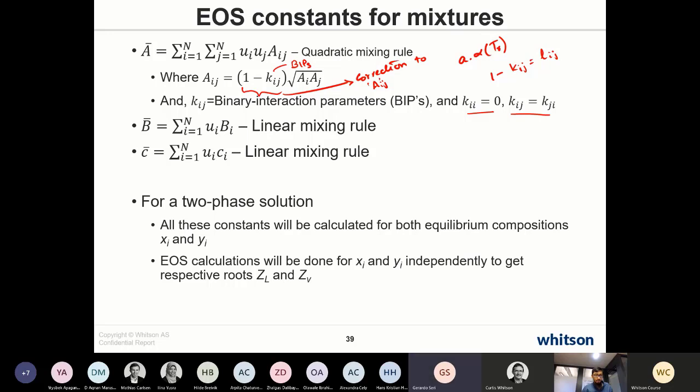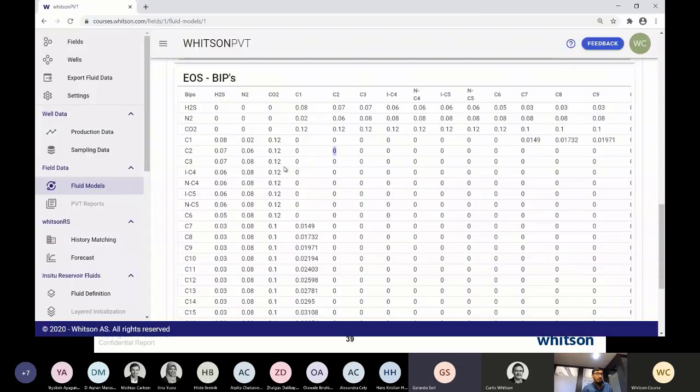Is that a rule of thumb, or does it have any background to it? When you said those are not matched, they are not improved by matching, so basically they are left at 1 or left at 0. Okay, so you mean no binary interaction parameters, for example, between C1 and C7 plus component? Yes. Yeah, and so, Curtis, do you want to?